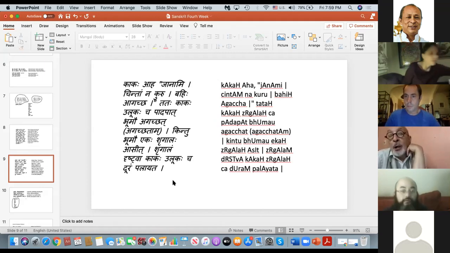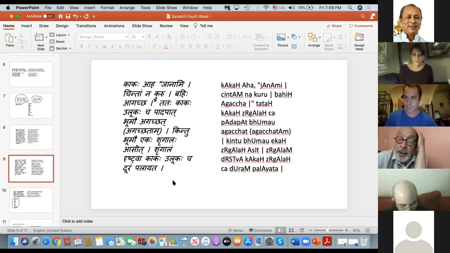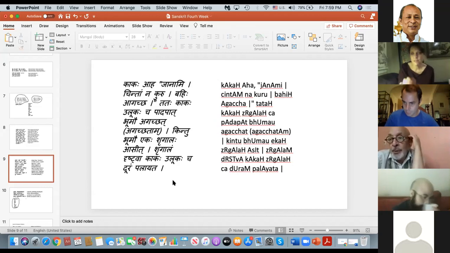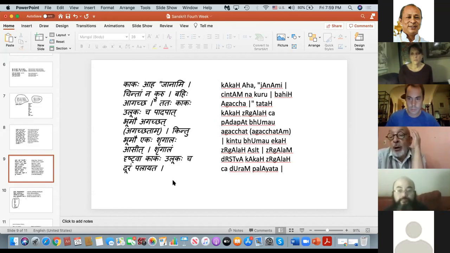Sometimes the Jataka story and the story in the Hitopadesha are the same. The only difference is that in a Jataka story, the protagonist is Buddha all the time, either Buddha or Bodhisattva. Once you remove that feature, it becomes a Hitopadesha story.